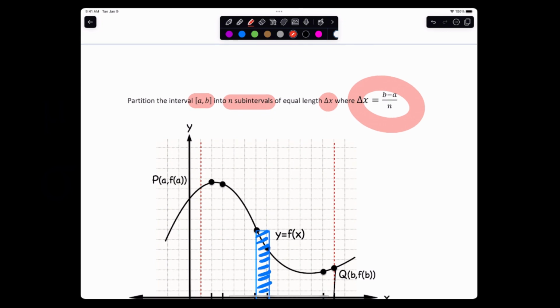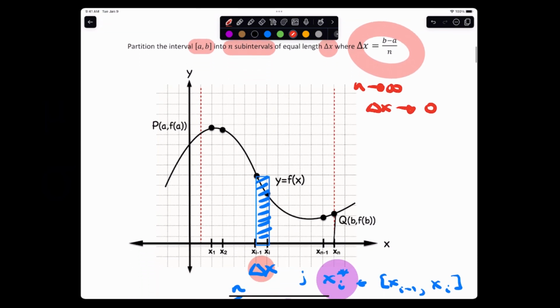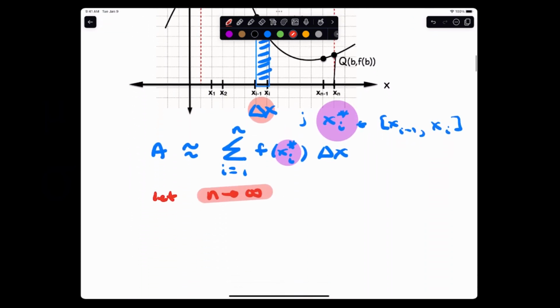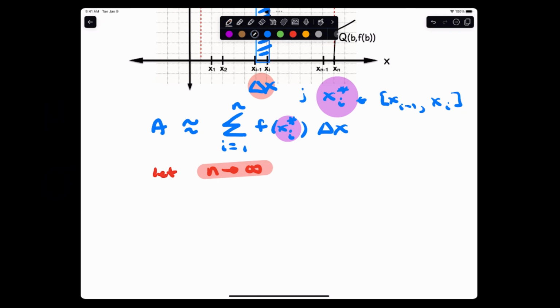Notice when n goes to infinity, by the way, what are you really saying? If n goes to infinity, delta x goes to what? 0. Is that right? So that small increment goes away. There's no longer a delta x. That's going to 0. Now, when you do this, that's a very special thing.